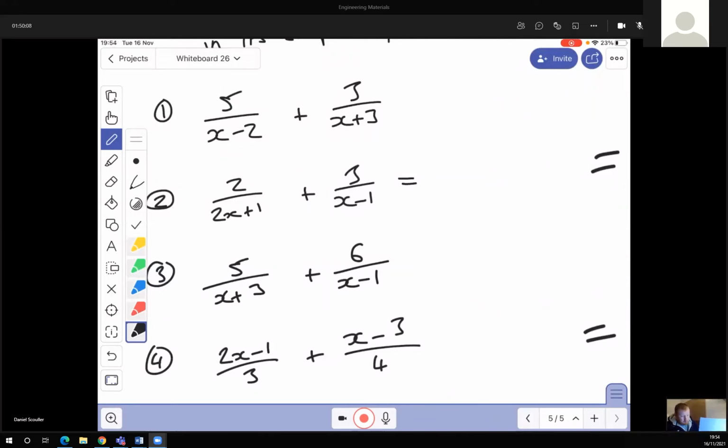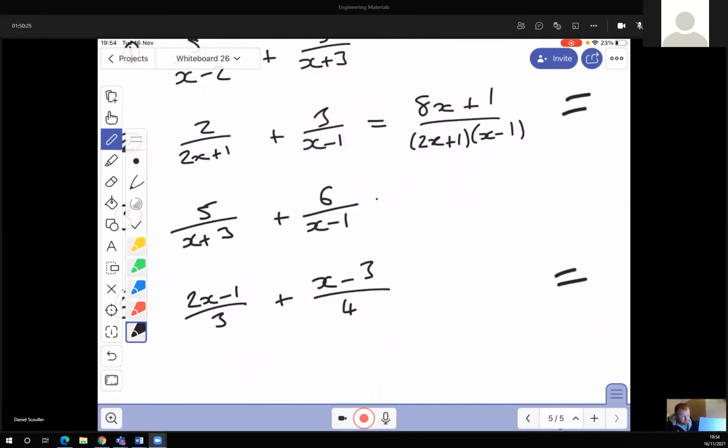Answer for 2: x plus 1 over 2x. 3 would be 11x plus 13 over x plus 3, x minus 1.